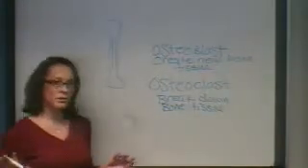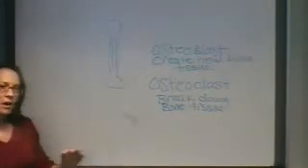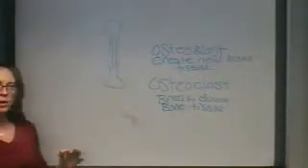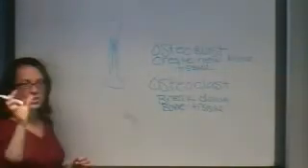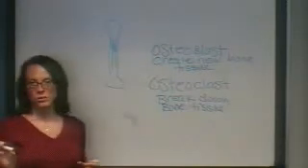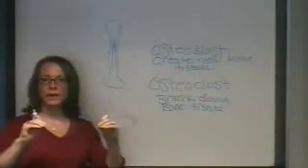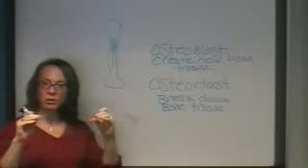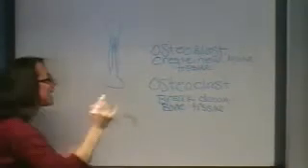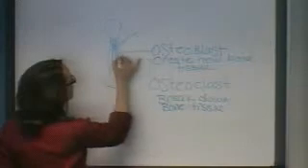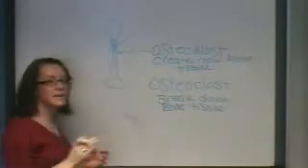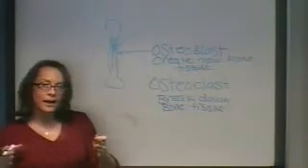Okay, so I want you to think for just a minute. If osteoclasts are more active on the inside of these shafts of the bone, they're eating them away, okay? Osteoclasts are eating away the inside of the bone, and osteoblasts, I'll draw it right here, are depositing more bone on the outside.